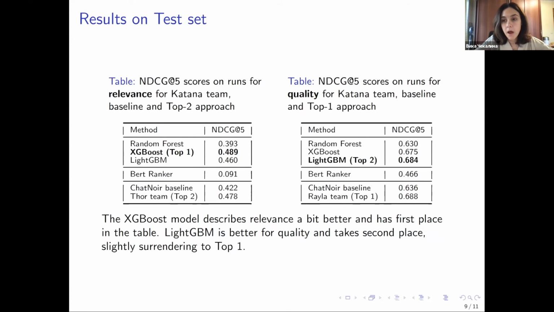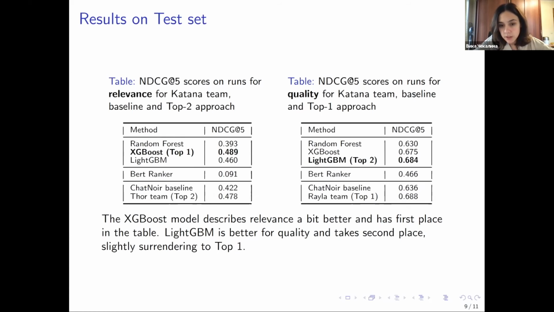The next direction was quality. Quality describes how fluent and grammatically correct the given text is, and according to this direction, the best score has LightGBM. LightGBM has position 2 in the whole table.